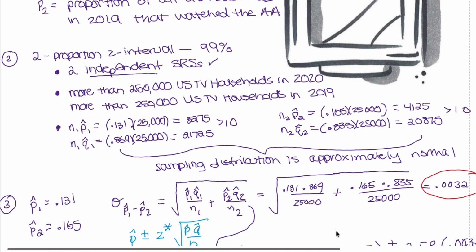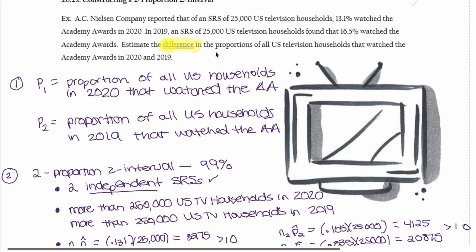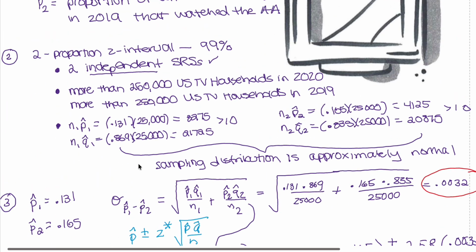It's also a little bit different from what we've been doing. We first have to label p1 hat and p2 hat. Those are the values that came from the question, 0.131 and 0.165.